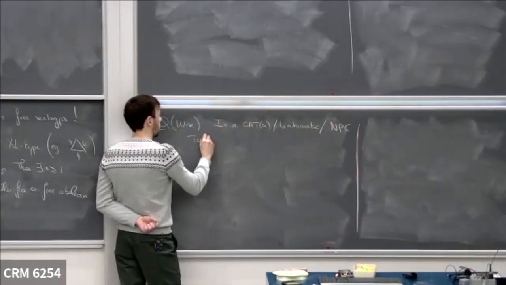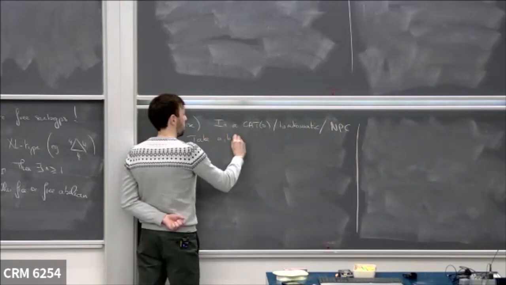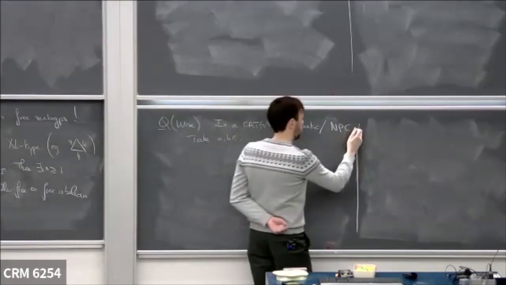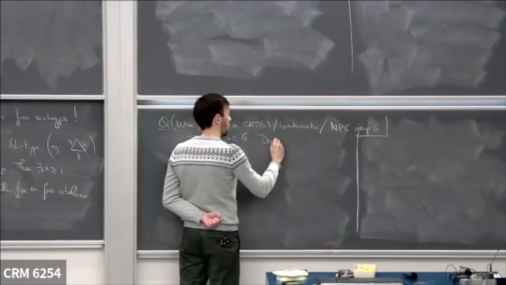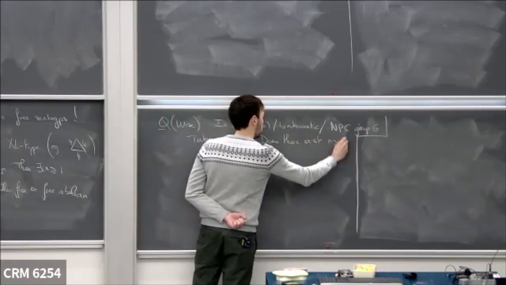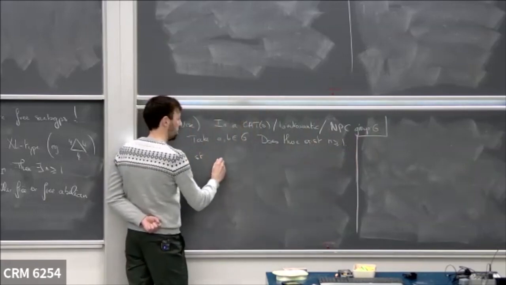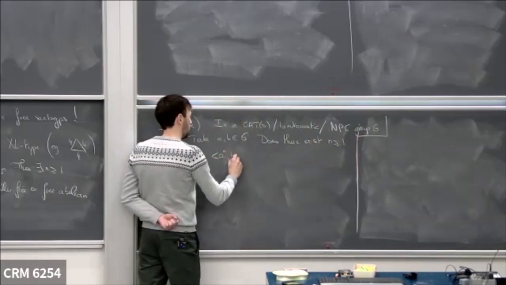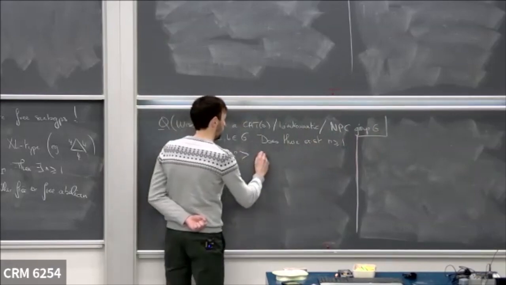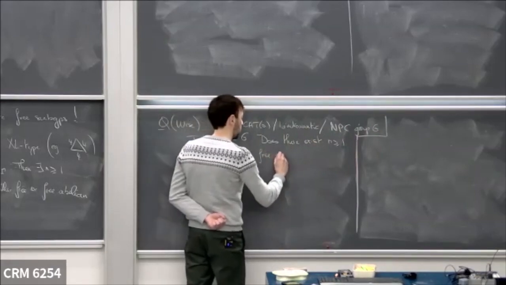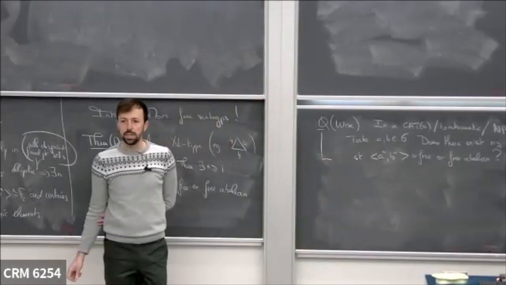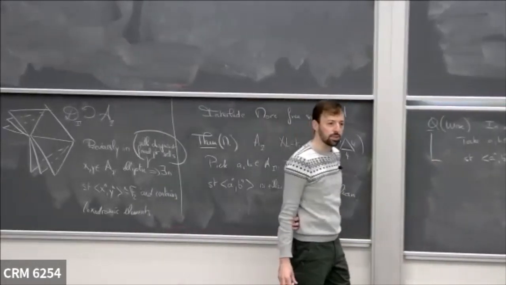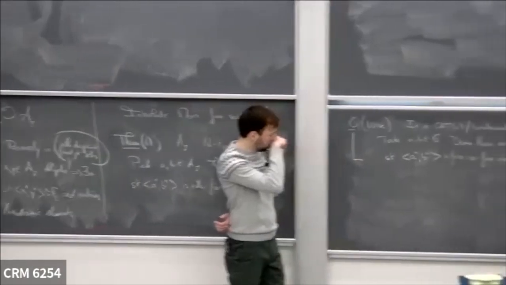Take a group G. Take a and b two elements of your group. Does there exist n such that a^n, b^n generate a free or Z^2 abelian subgroup? The question that I find really, really nice, and it's striking that there's not more known about this.